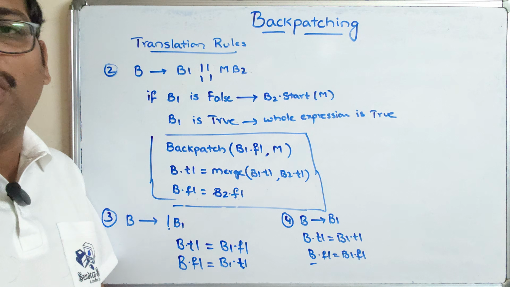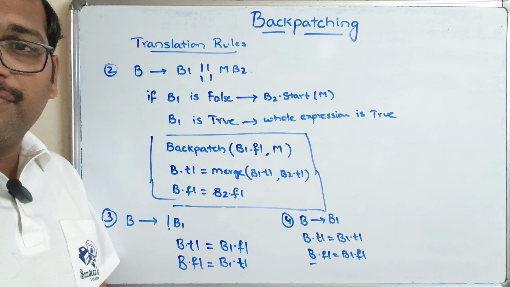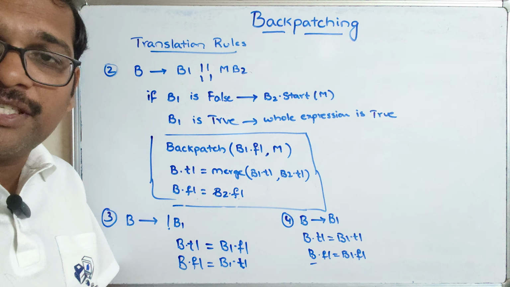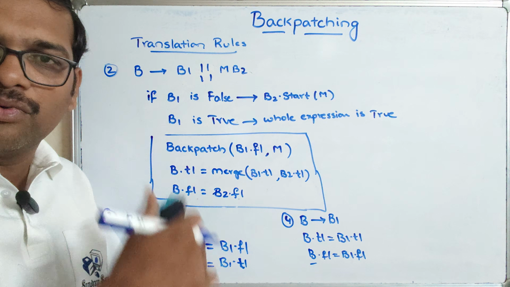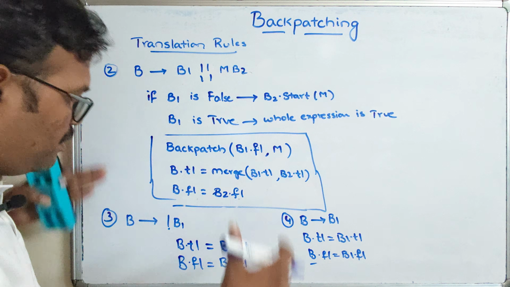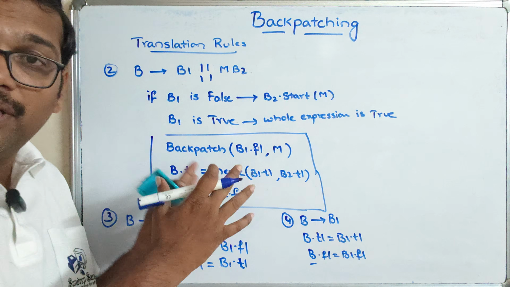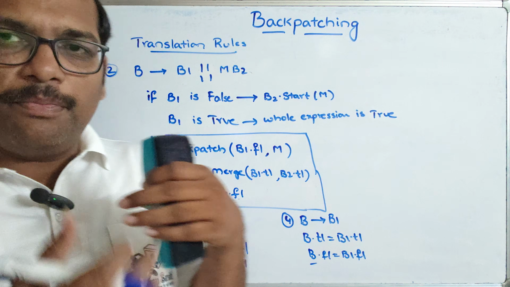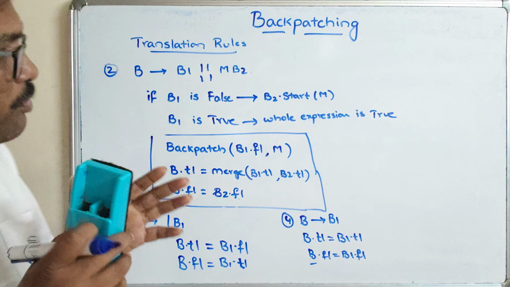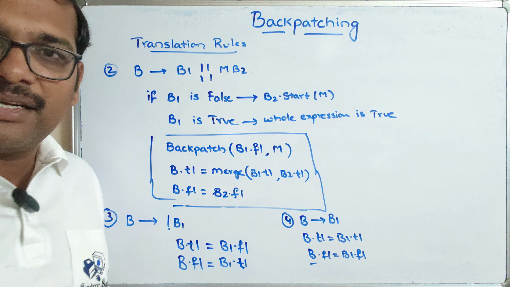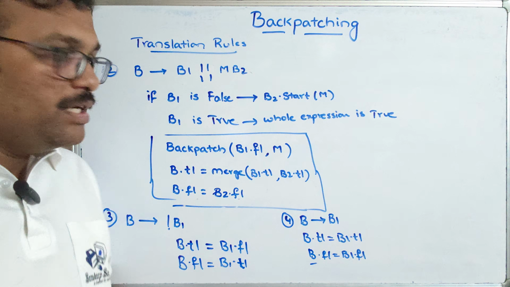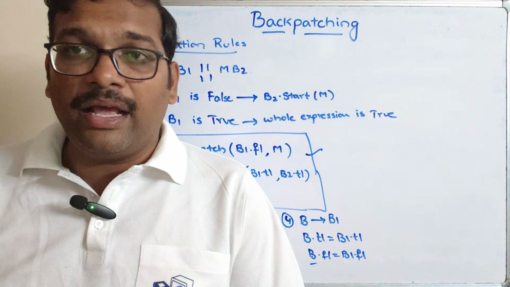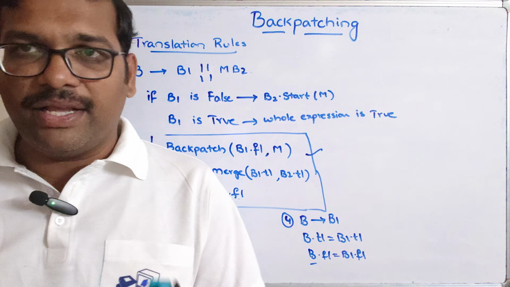If the condition has logical operations, the expression becomes complex to write the code, so for that purpose we are using these translation rules. Before applying backpatching or going to the examples, you need to learn all these translation rules. These rules will be applied for generating the annotated parse tree of any kind of example.